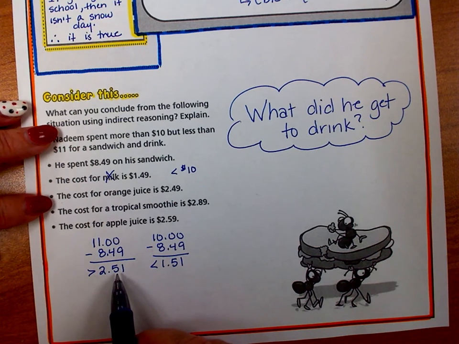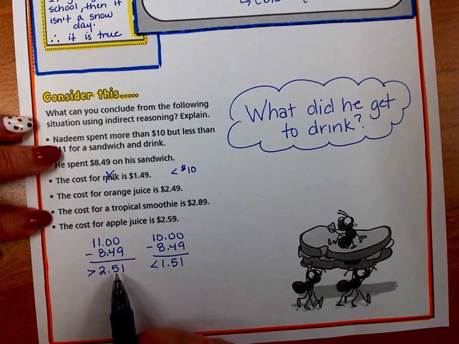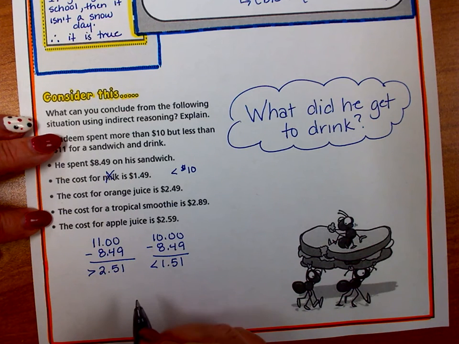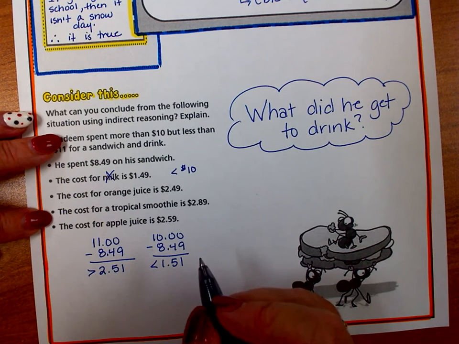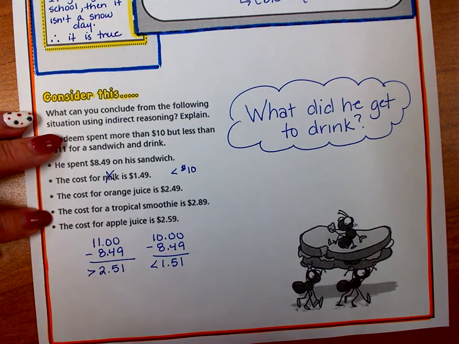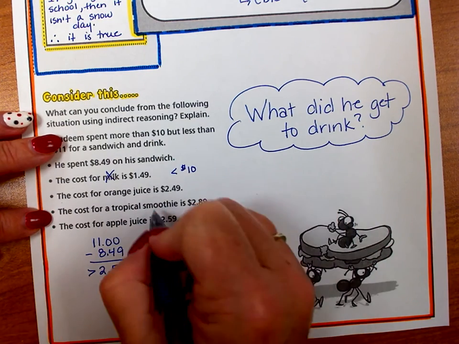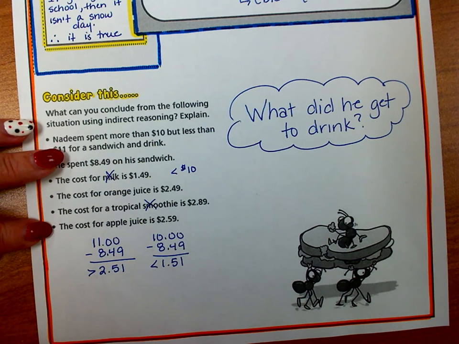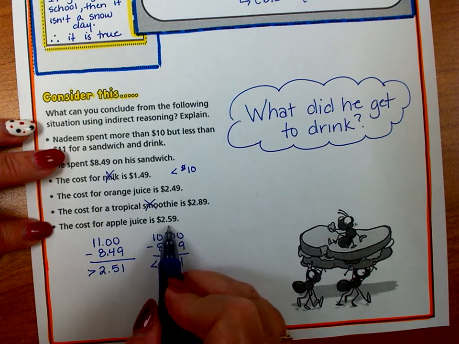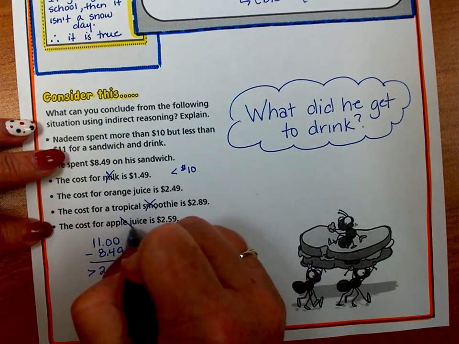Let's look at the rest of them. The cost for a tropical smoothie is $2.89. That one is going to total more than $11, so it's too expensive. And the cost for apple juice is $2.59. That one is also too expensive.